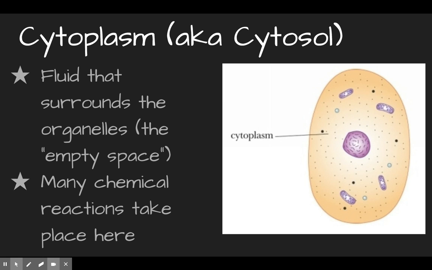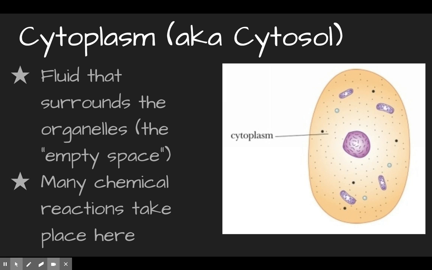It is the fluid that surrounds the organelles, and it kind of fills up, or it's known as the empty space within the cell. So when you're looking at a diagram and you see other organelles are going to be labeled. They're going to be round or oval or rectangular, right? They'll have all these different shapes, but then it'll appear just to be an empty space. Well, that empty space is the cytoplasm.